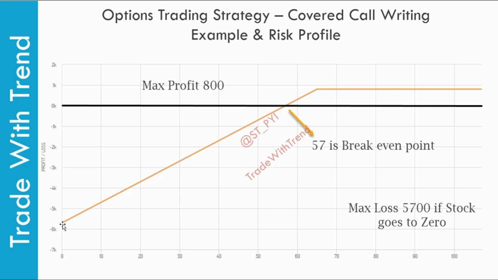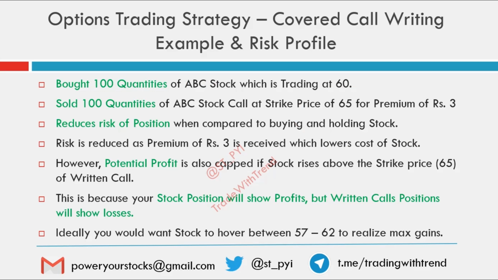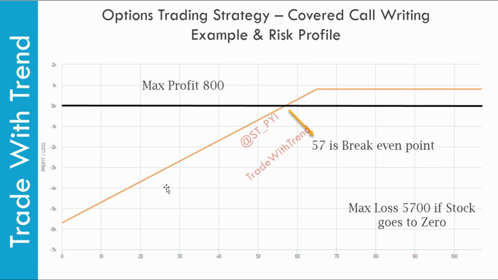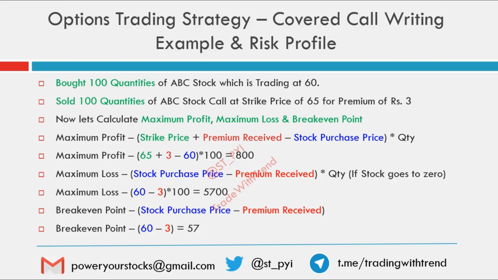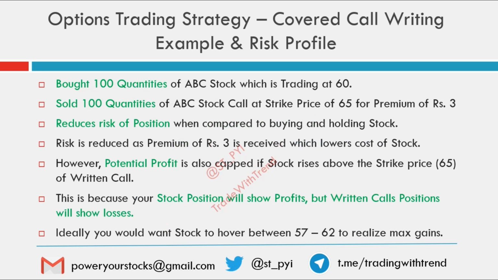Now, there is one thing I want to tell you here, just recollect that we actually bought the stock at 60 rupees, 100 quantities. So we had a net outflow of 6,000 rupees, right? But if you look at this risk profile chart, the maximum loss shown here is only 5,700. The reason is because you have written a higher call in this strategy, you have lowered your risk essentially by rupees 3.